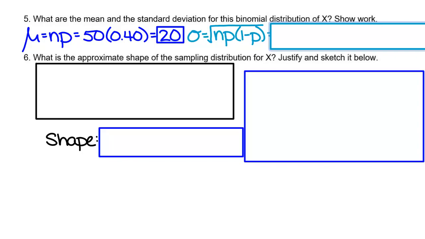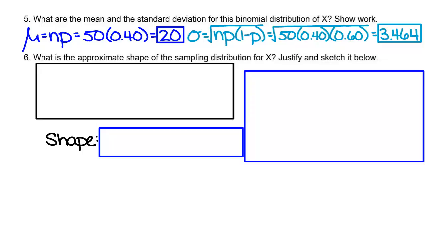Grab a calculator if you need to. Cell phone calculator can work here. Did you do the square root part? 3.46. Yep. Square root of 50 times 0.4 times 0.6, so we get 3.464. If you did 3.46, that's fine.